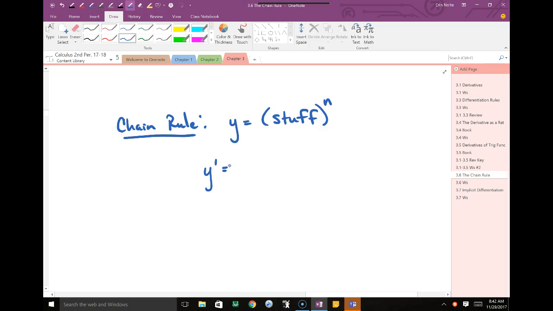If I was going to derive my stuff, what would its derivative be? The n goes into the front, and then the stuff to the n minus 1. That's right. And then all we have to do now is multiply by the derivative of the stuff. We're going to call this d stuff. So the derivative of the stuff and then times the derivative of the inside stuff.